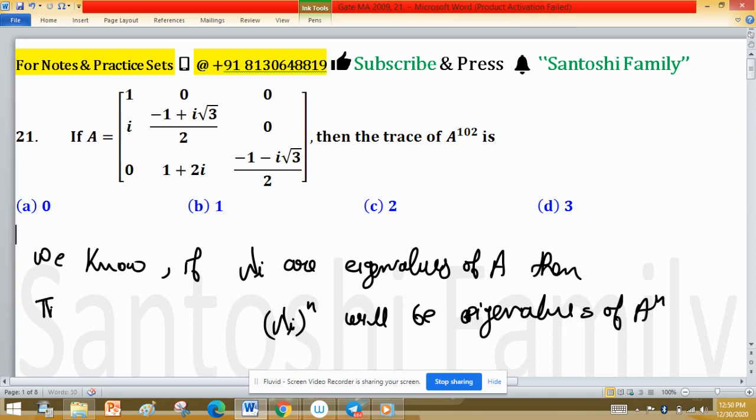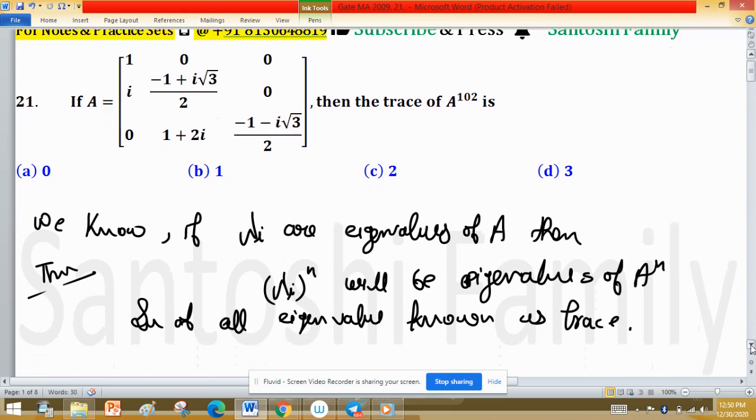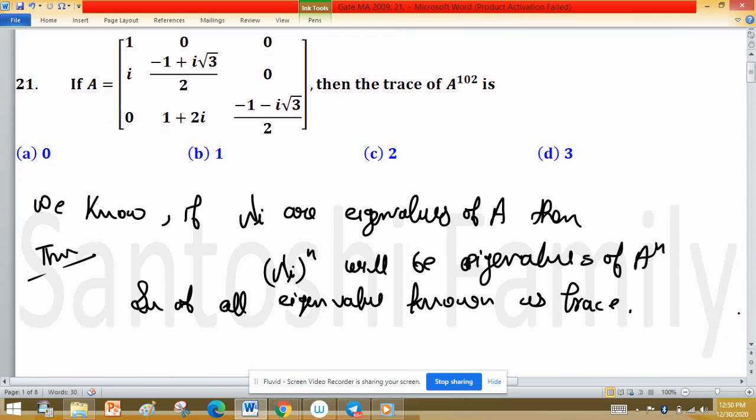We will use this theorem to find the eigenvalues of A raised to the power 102, and the sum of all eigenvalues is known as the trace. That is, my motive is to find the eigenvalues of A.